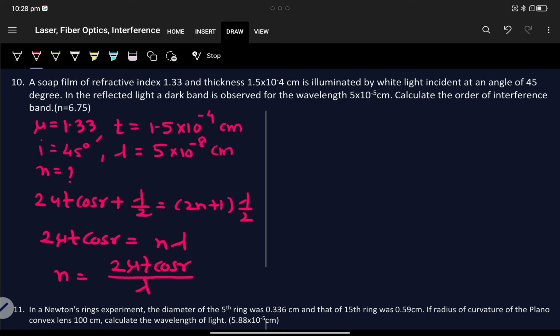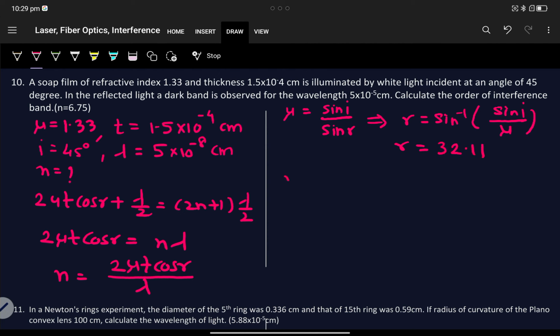Now we have given mu, but r we don't know. So by using Snell's formula, we'll calculate r. So mu we know is sin i divided by sin r, which implies r equals to sin inverse of sin i divided by mu. So r comes out to be 32.11.